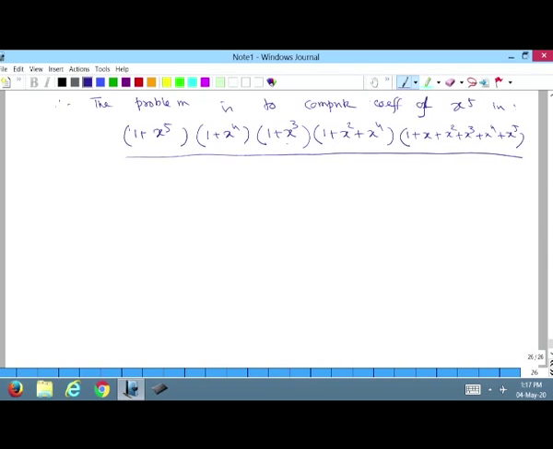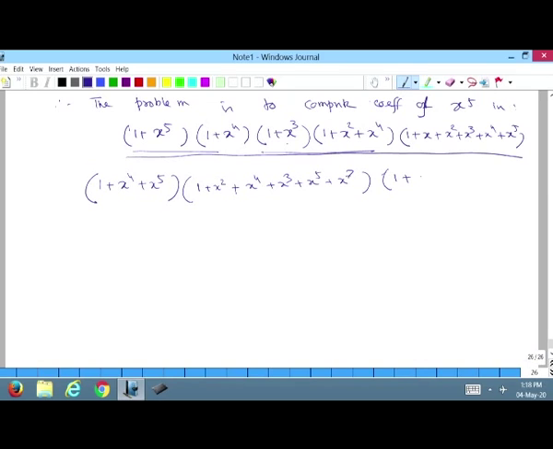So, let us start multiplication. These two give me 1 plus x to the power 4 plus x to the power 5. These two give me 1 plus x square plus x to the power 4 plus x cube plus x to the power 5 plus x to the power 7.